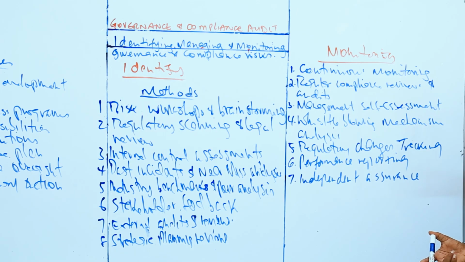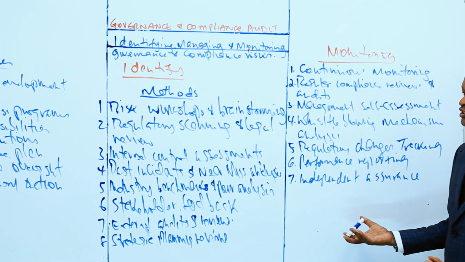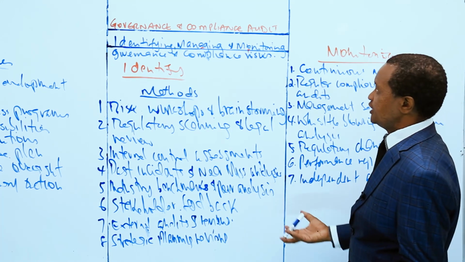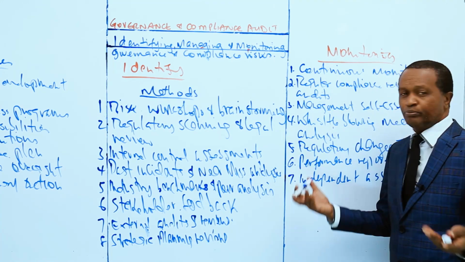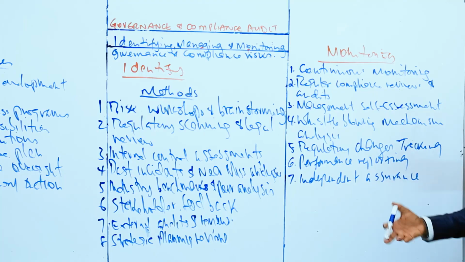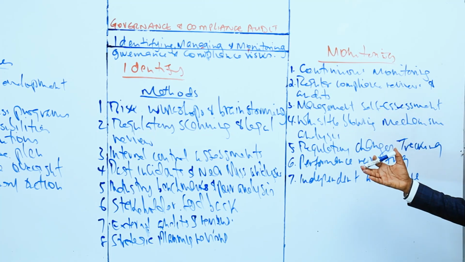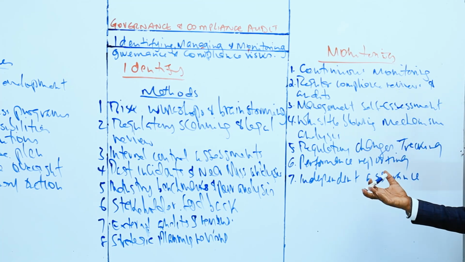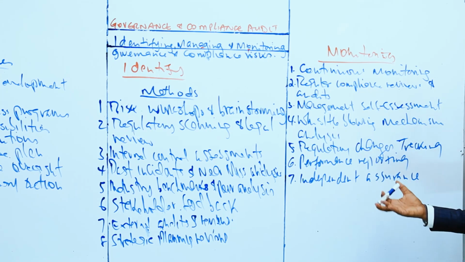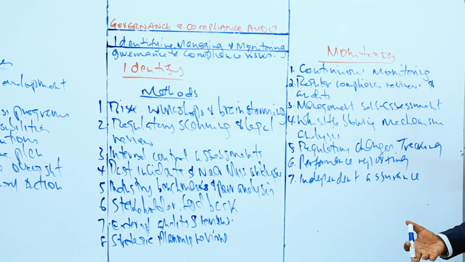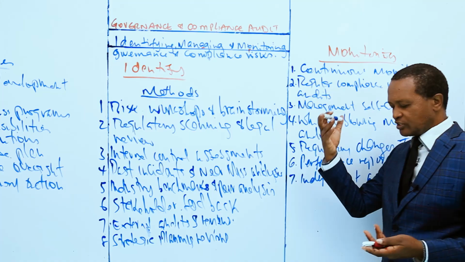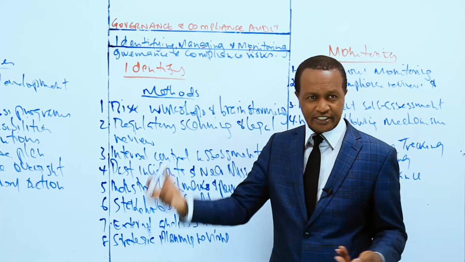So that's it for our today's lesson on identifying, managing, and monitoring governance and compliance risks. By systematically implementing these identification, management, and monitoring activities, organizations can build resilience against compliance and governance risks.